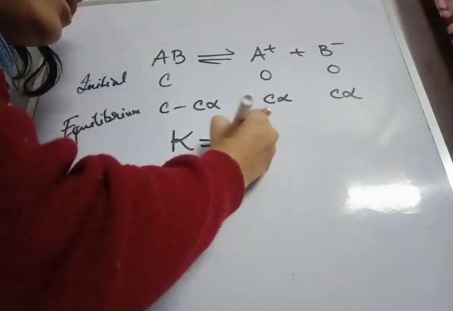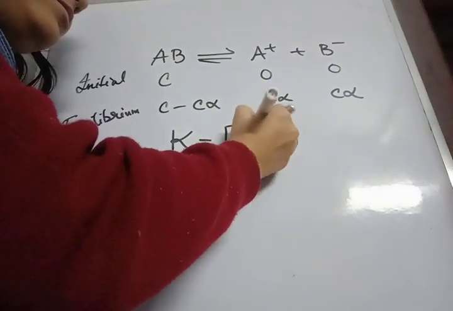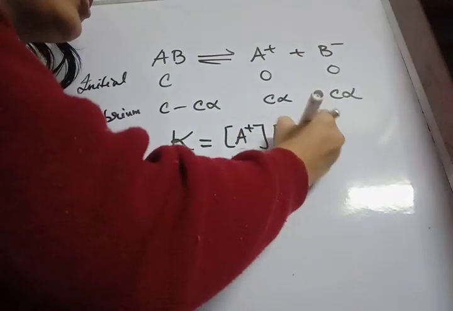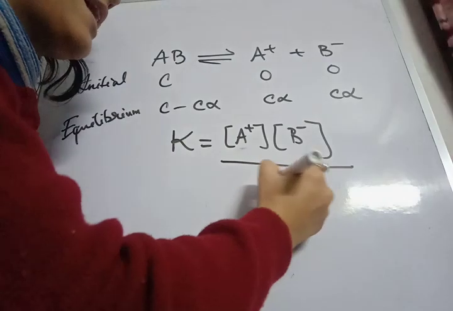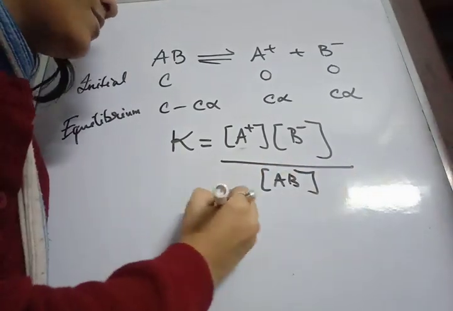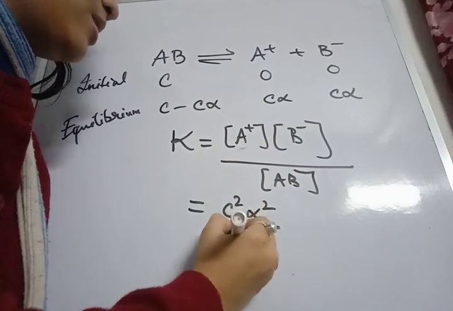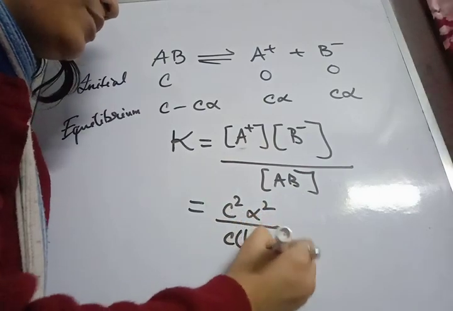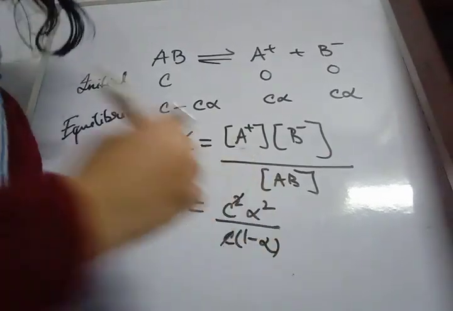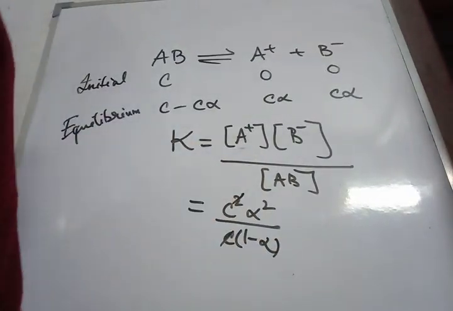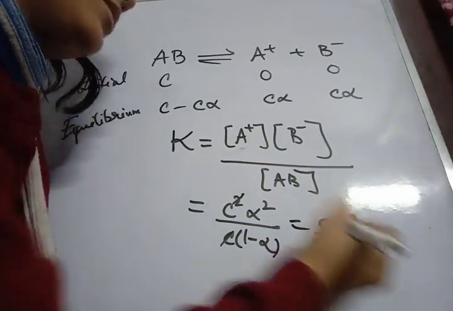It is a ratio of concentration of the products to reactants. So this one will be my C square alpha square by C into 1 minus alpha. So C will get cancelled. So C alpha square divided by 1 minus alpha.